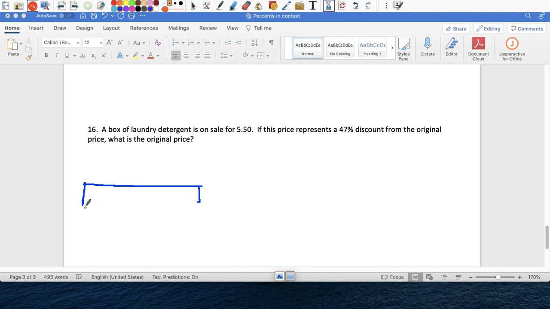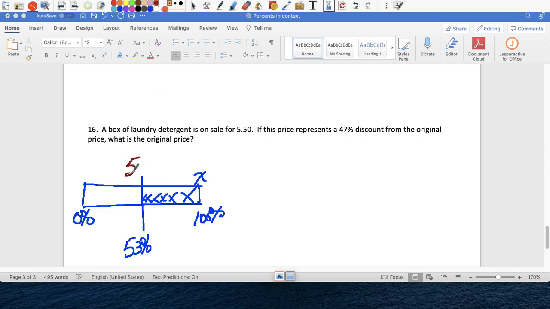The laundry detergent at some point had some value, and somebody took 47% away. If they take 47% away, you're left with 53%. And apparently, after taking 47% away, you're left with $5.50. So that's the price you're paying.